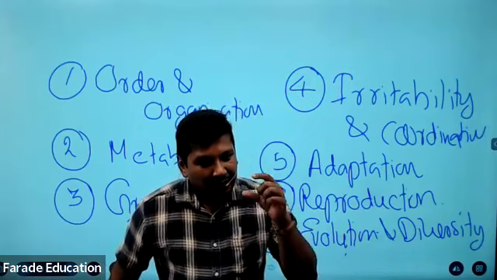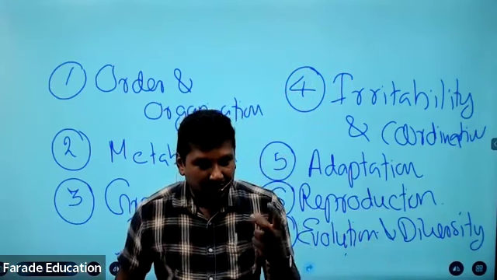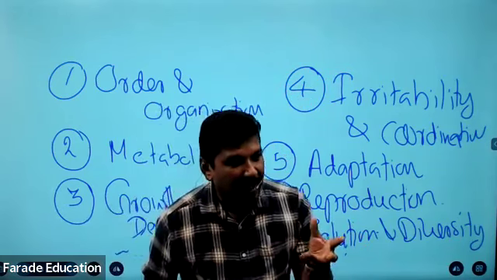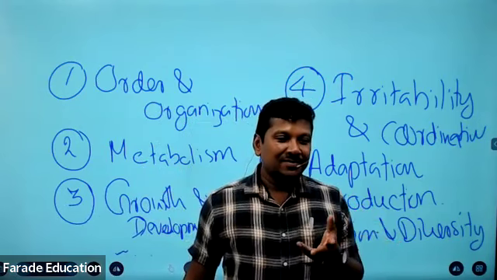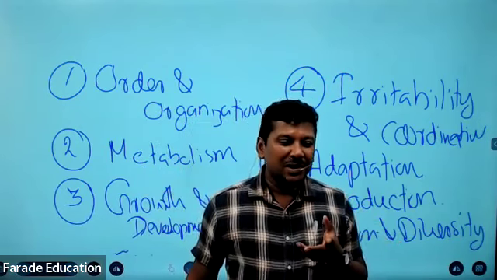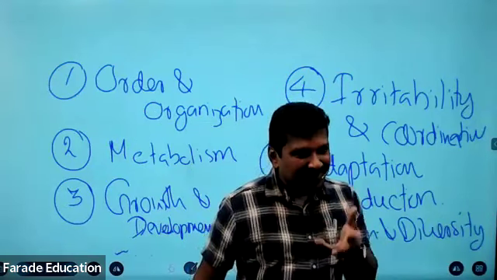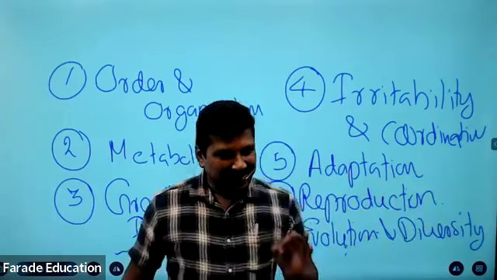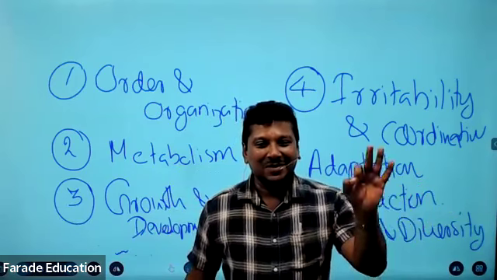So we show this adaptation for two things, son. One thing is for survival, and next, why do we survive? To reproduce. We want to survive and we want to reproduce. So adaptation is there for your survival and your reproduction.